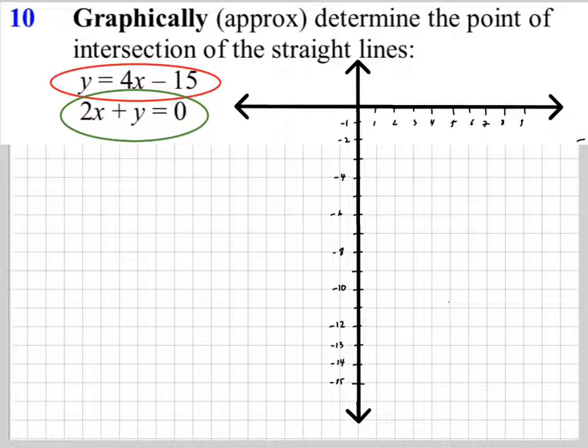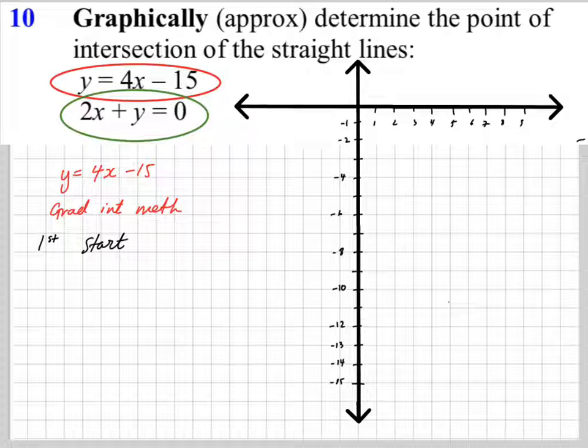We learnt in class the gradient-intercept method for y is equal to 4x minus 15. For the gradient-intercept method, first we start at the y-intercept.